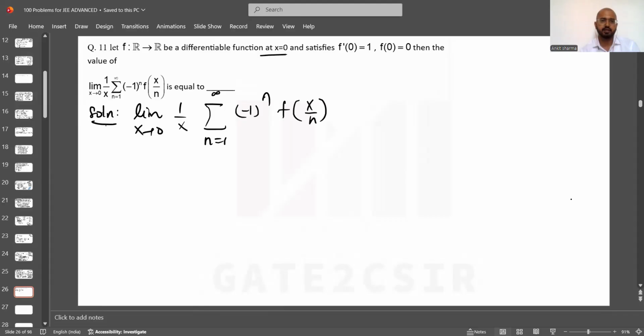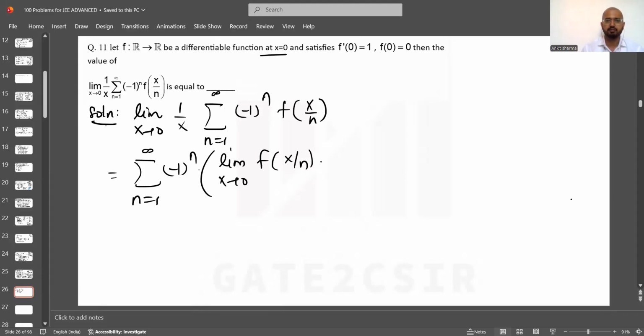So let's go ahead, and the first thing that we will do is get rid of this limit here. I can write the sigma n is equal to 1 to infinity, minus 1 power n outside here, and this would give me the limit x tends to 0 of f of x by n minus f of 0. We can write it this way because our goal should be to bring the definition into the picture.